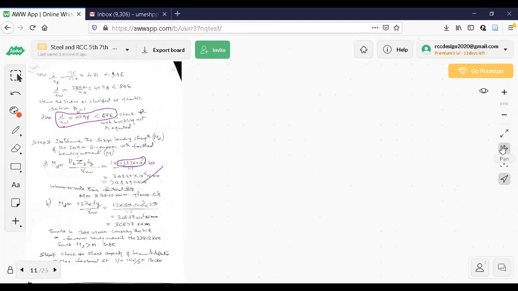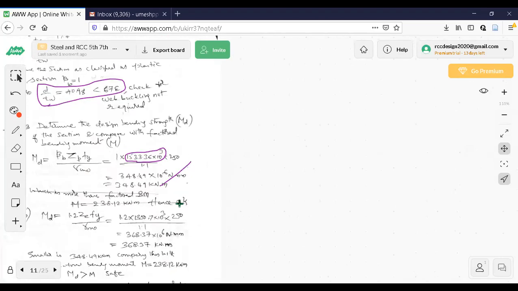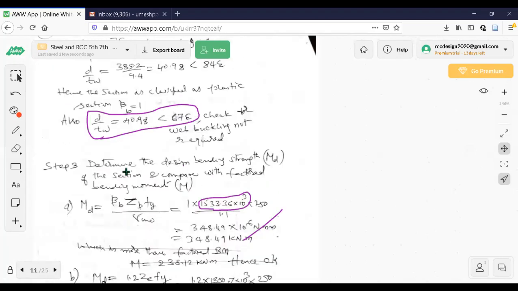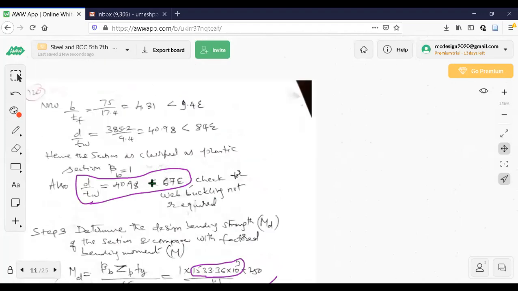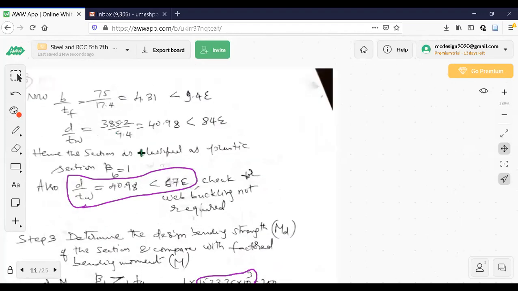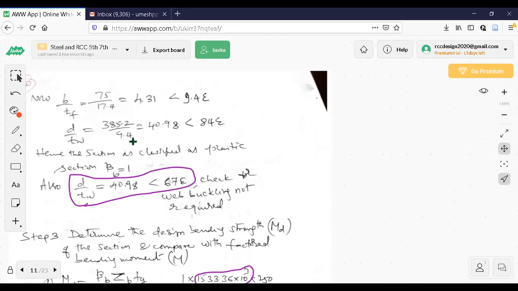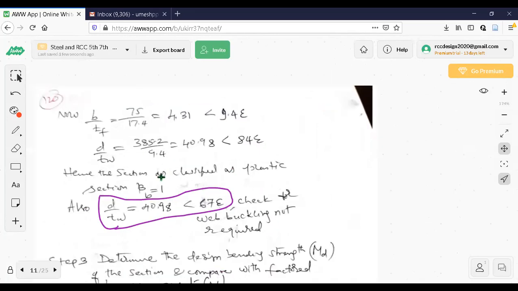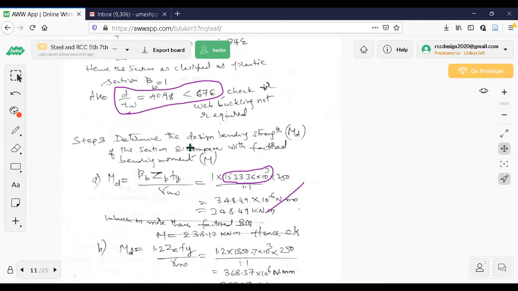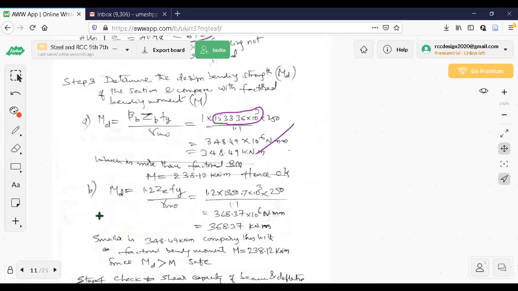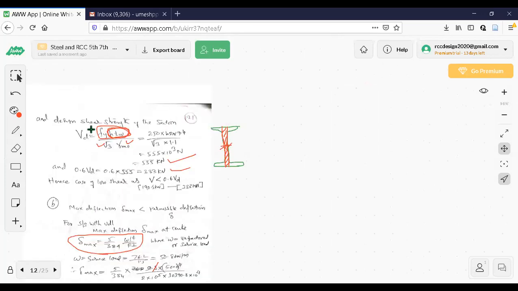Check these two formulas here. These two formulas, MD and the others, are on the same page. One table is on a different page; I'll show that in the next class. So only these 3 pages you have to refer. One is related to this, one more is related to this, and one more is related to this VD calculation.